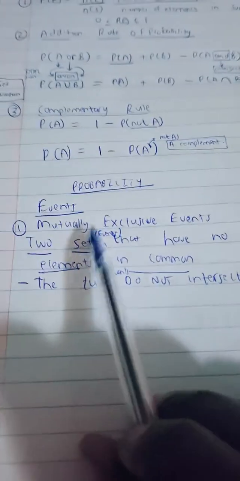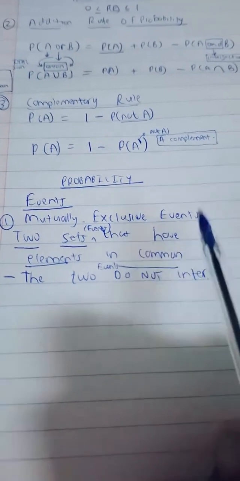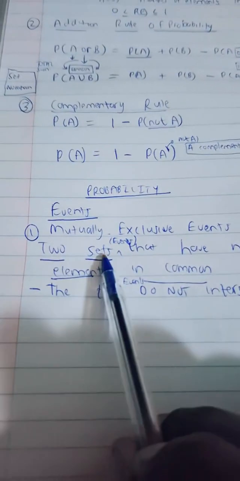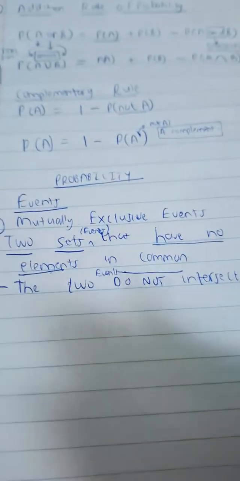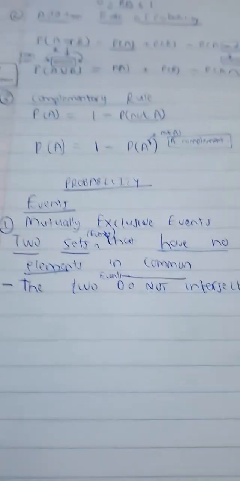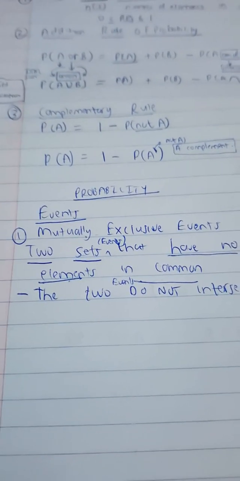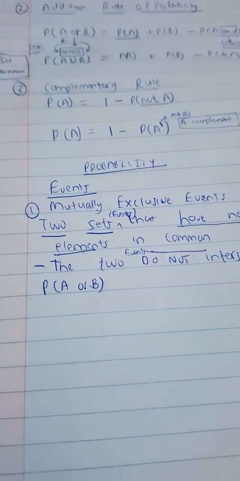Okay, I repeat. The first type of event we have is what we call mutually exclusive events. These are two sets, if we are talking about set notation, but these are events that have no elements in common. Furthermore, the two events do not intersect. So imagine now if I took the addition rule and tried to represent mutually exclusive events.